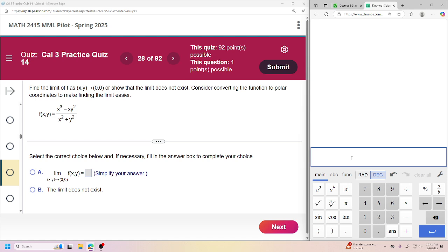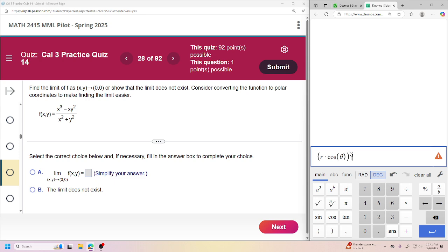What I'm going to do is the traditional method because I want to do my r cosine theta stuff. So x cubed is r cubed and then cosine cubed. Am I right here? Desmos Scientific will not like this, so let me do this here right quick. Hold on. Correct.